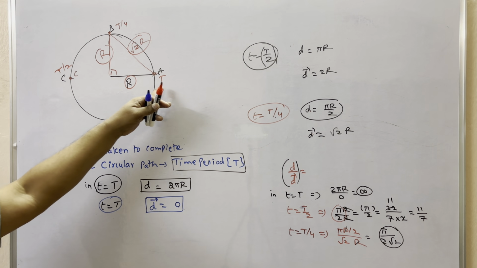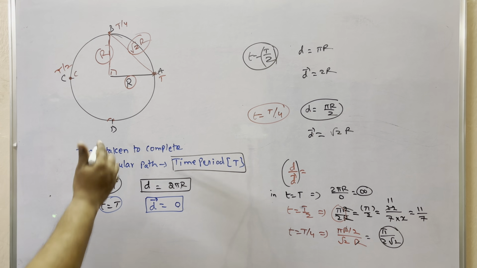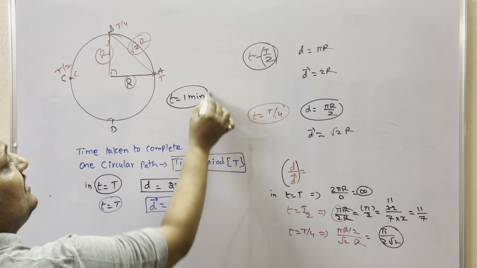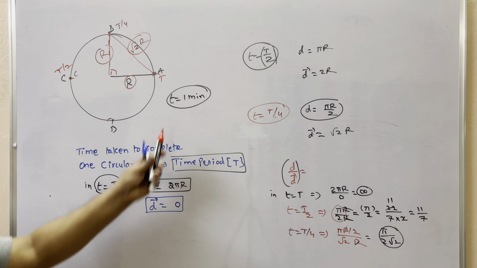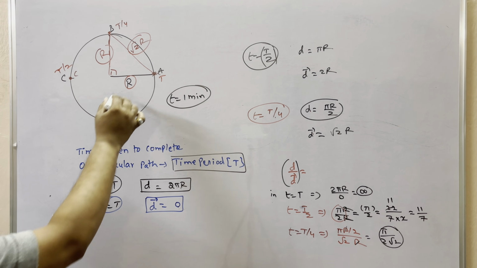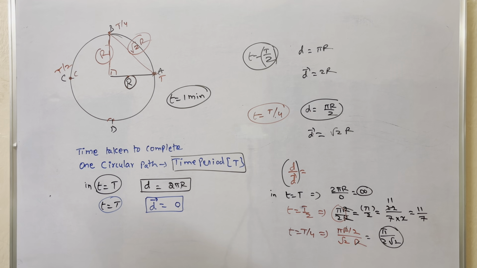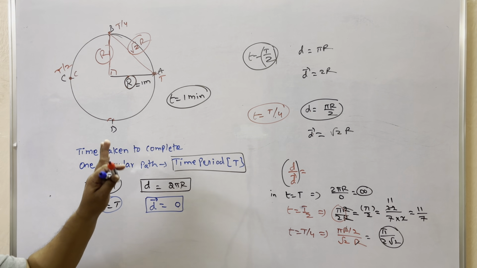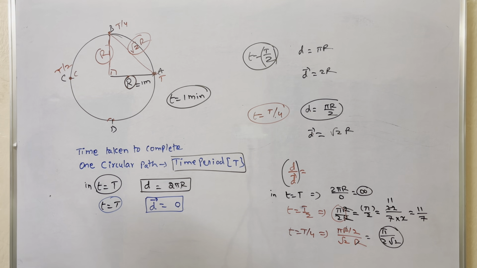Next, sometimes they give the time period time. It is taking 1 minute to complete one circular path. The radius of the circular path is capital R, or otherwise they will give the radius value as 1 meter. So I am giving examples of how they are going to ask questions.